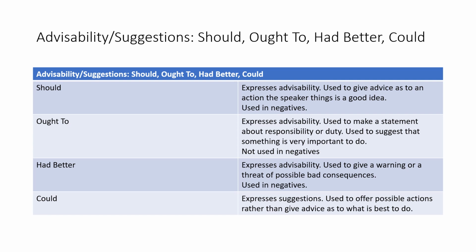When you're using could, you're not saying that this specific thing is the best idea. You're just saying it's a possible idea, and you're offering it up as a possibility for the listener to choose, rather than giving specific advice as to what you think is the best idea.